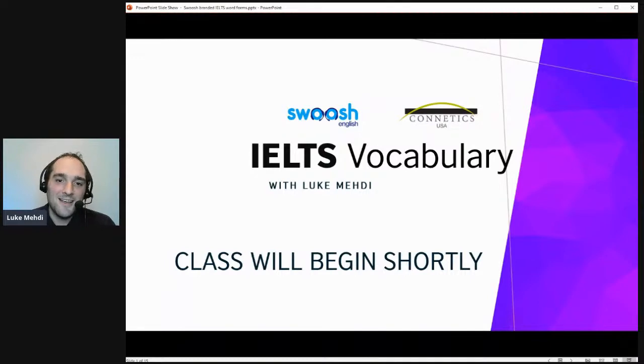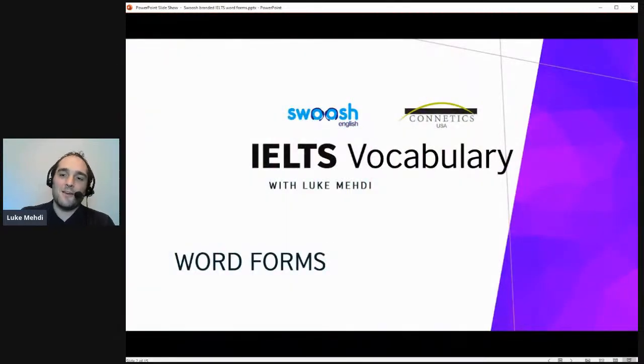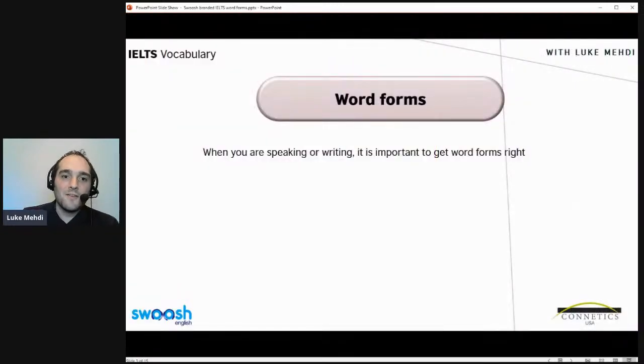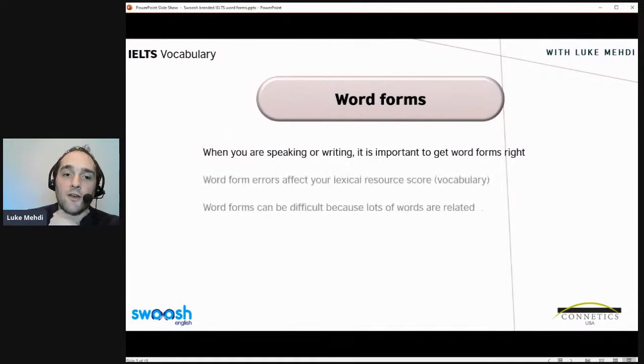Let's get started. Today, we are going to be looking at word forms. Word forms are a really important thing to get right in your speaking and writing. So let's jump in and take a look at some of these word forms. When you're speaking or writing, you need to get the word forms right.